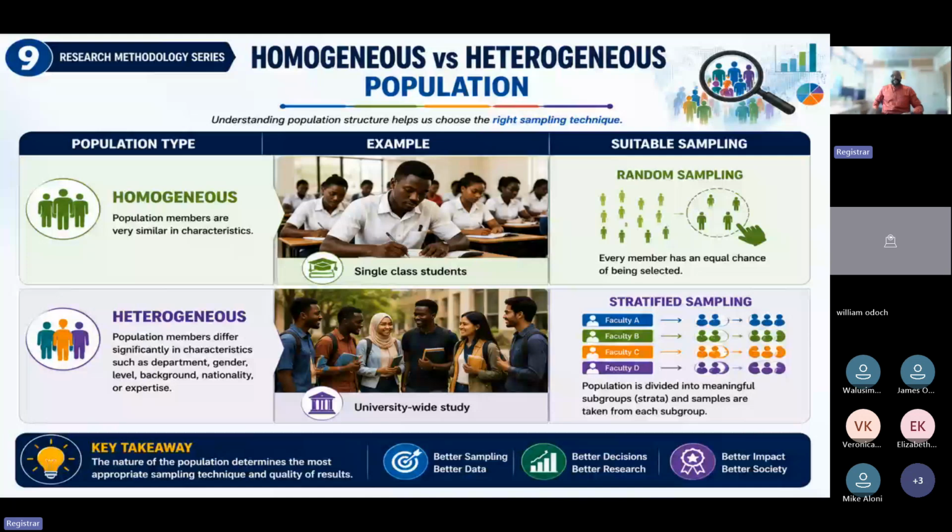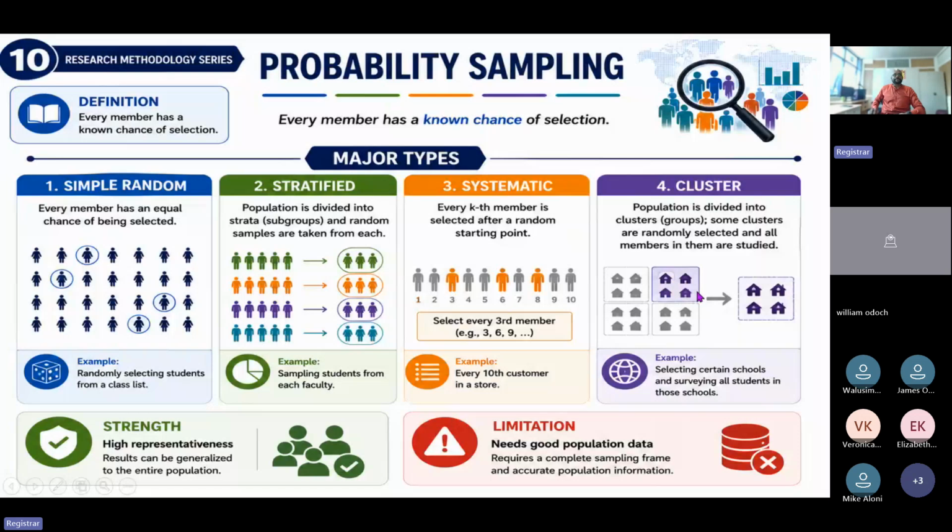So the key takeaway from this board is the nature of your population determines the most appropriate sampling technique. And if you have the most appropriate sampling technique, 100% the quality of your research results will be good. So better sampling gives you better data, gives you better decisions, leads to better research and better impact in the society. So this is all about homogeneous and heterogeneous population.